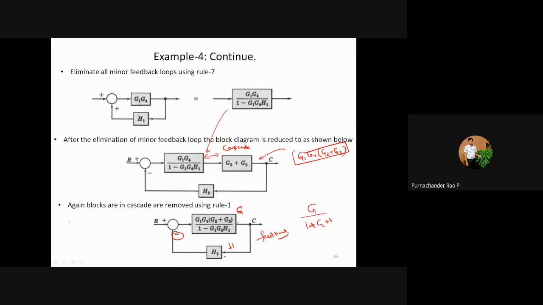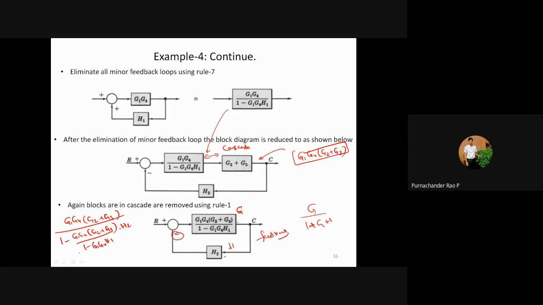Okay, so this is going to be G1 G4 into G2 plus G3 divided by 1 minus G1 G4 into G2 plus G3 divided by 1 minus G1 G4 H1 into H2. Okay, so this is the value.